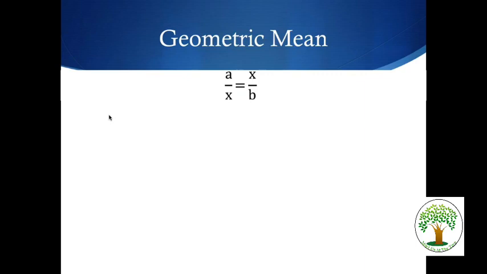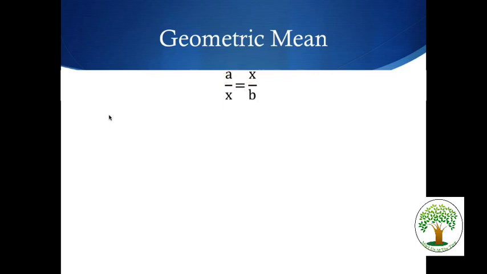But right now, concentrate on the algebra, not why it is set up like this. All you need to know is that geometric mean has X values on a diagonal, and two numbers that are also on diagonals.